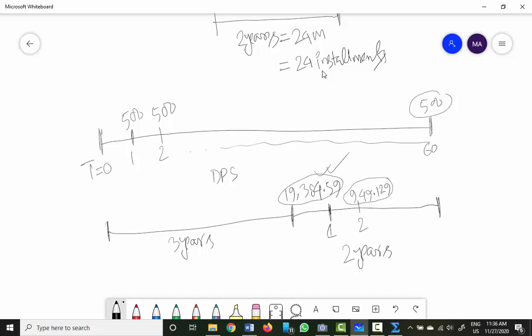So after 3 years, at the end of every month she needs to pay this amount to pay off the loan and 500 taka deposit to continue the DPS account. Right.